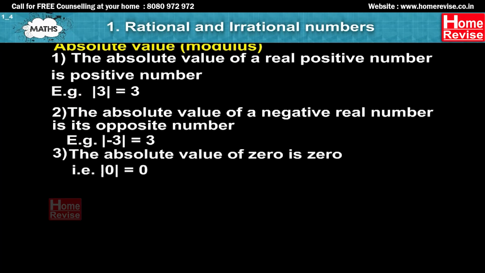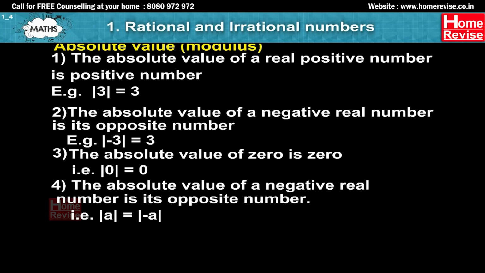Number 3, the absolute value of 0 is 0, that is, absolute value of 0 is equal to 0. Number 4, the absolute value of a negative real number is its opposite number, that is, absolute value of A is equal to absolute value of -A.